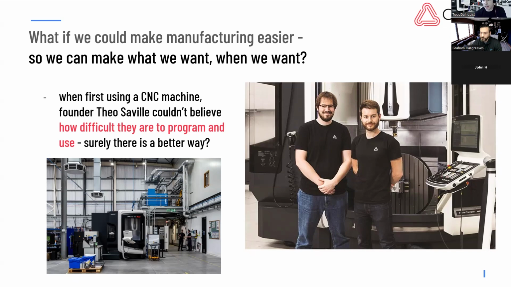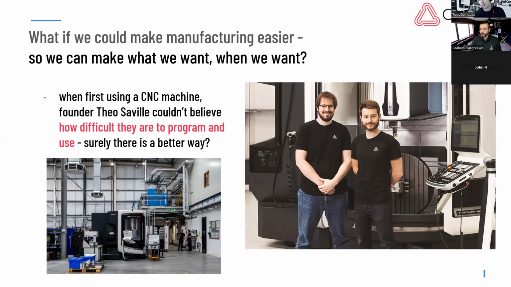But he had a rude awakening when he made that transition, and he was just really surprised by how much more difficult it was from the programming side and using the CNC machine. So that was kind of the seed of how everything started. As you can see in the pictures there, that's actually from our factory over in London, where we're headquartered. It's looking a bit sparse in the bottom left photo there. That was back when we first started. We have many more machines in there today.